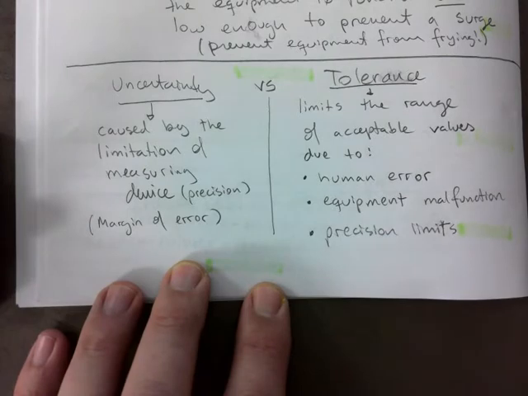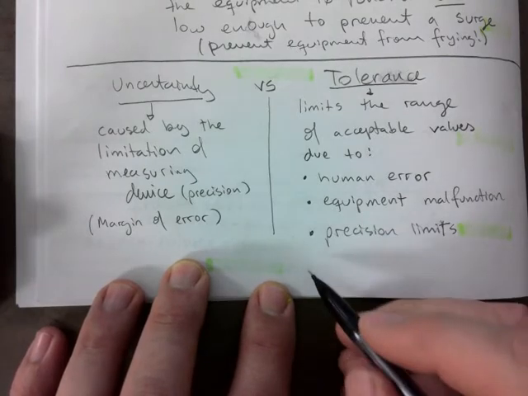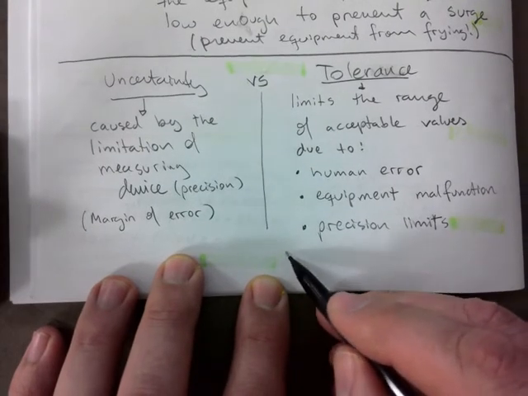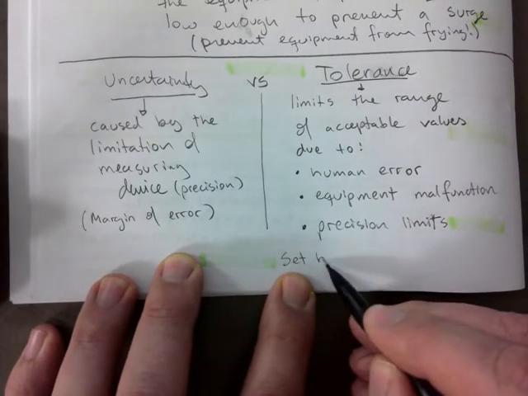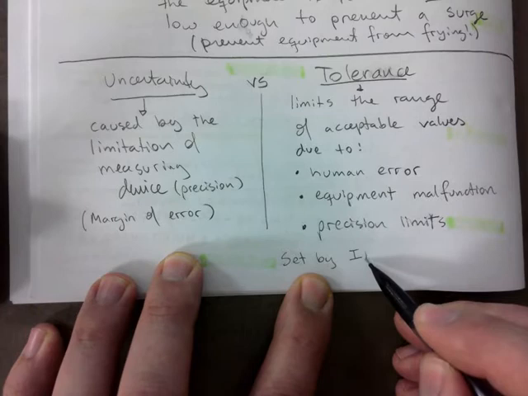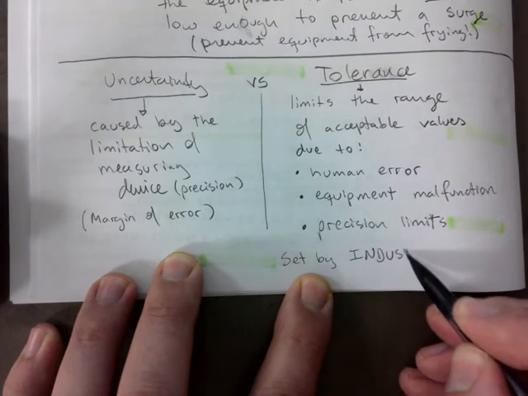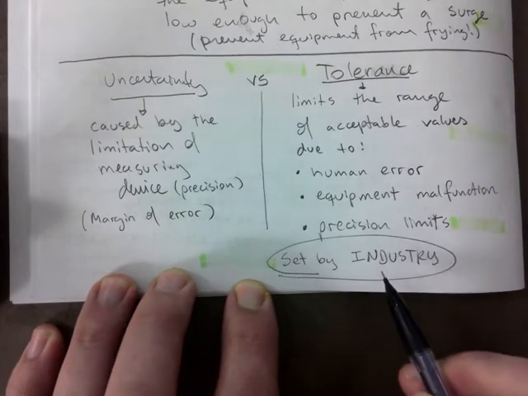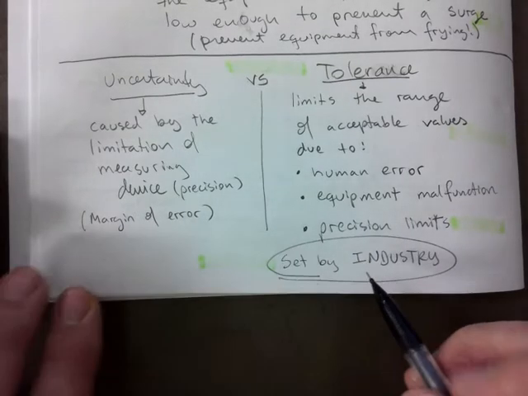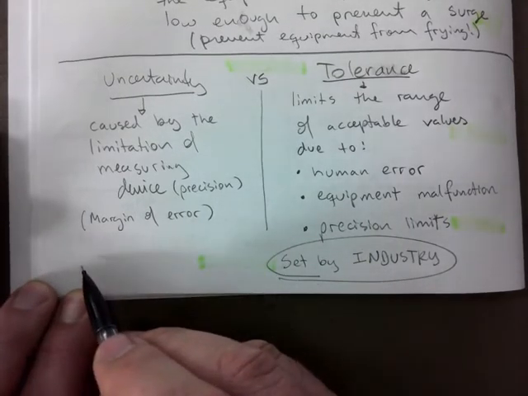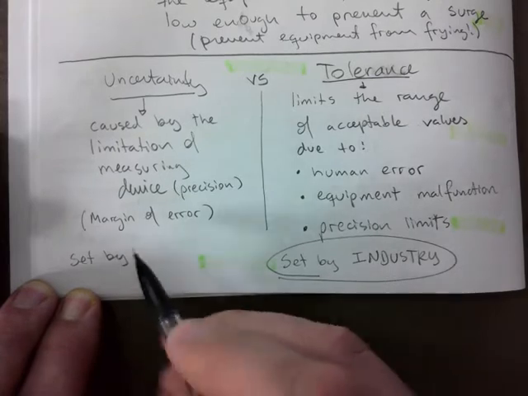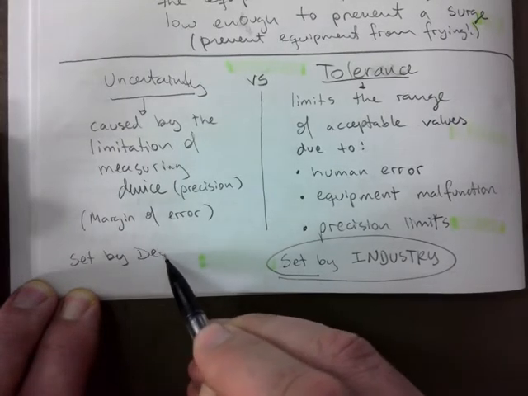I don't know if that makes sense. Maybe I just thought of it now, so I'm going to add that. Sorry, guys. Where will it fit here? Set by industry. That is the key here. Set by industry. I'll just say that, set by device.